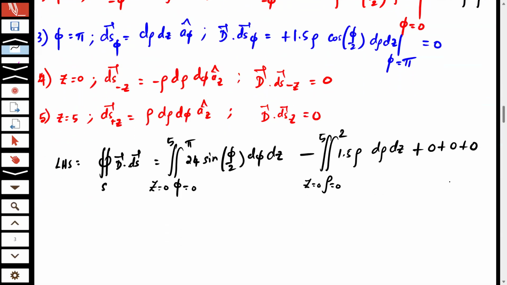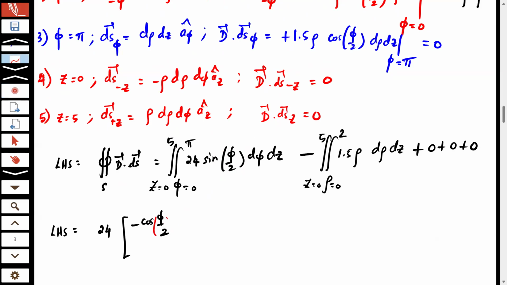Now we can perform integration of these 2 to get the left hand side. First, 24 is constant. Now integration of sine phi by 2 is minus cos phi by 2, and we have to consider this function to be differentiated and written in the denominator. This is the rule for integration.